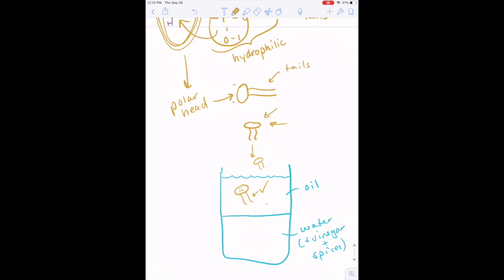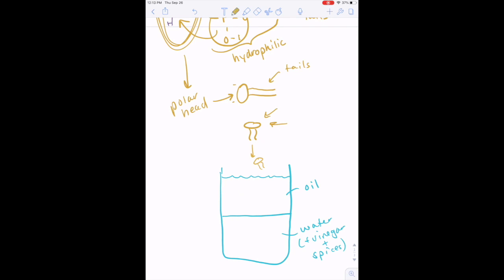I'm hydrophilic and I am miserable out here in this oil. I hate it. So this is not gonna work. Because even though the hydrophobic tails are happy in the oil, the polar head is miserable. So we gotta get rid of that, including that frowny face.